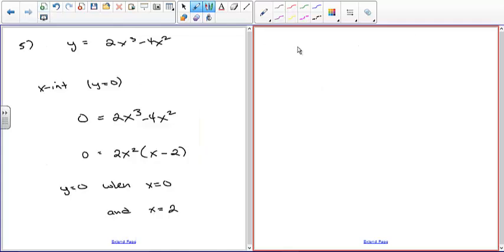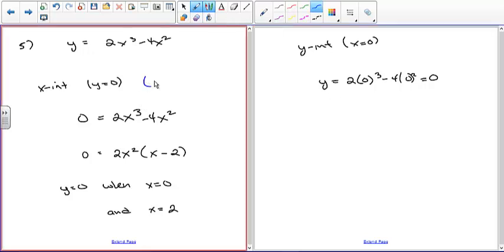And then to find the y-intercept, that's always the easier one. Set x equal to 0. So you get y is equal to 2 times 0 cubed minus 4 times 0 squared, which is 0. So the coordinates are 2, 0, and 0, 0.